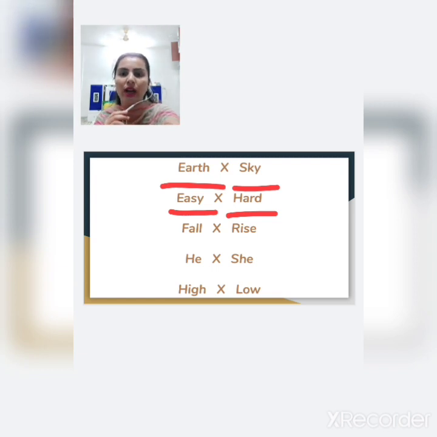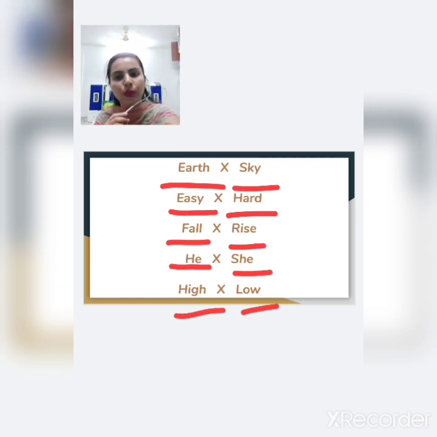Fall, and the opposite is rise. Next is he, and the opposite of he is she. Next is high, and the opposite of high is low.